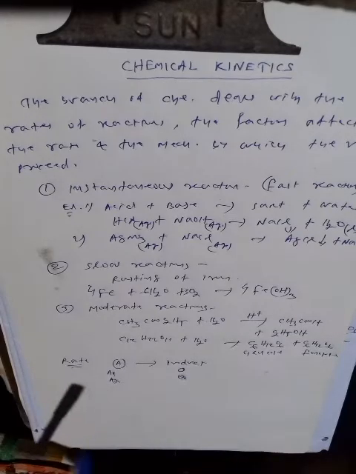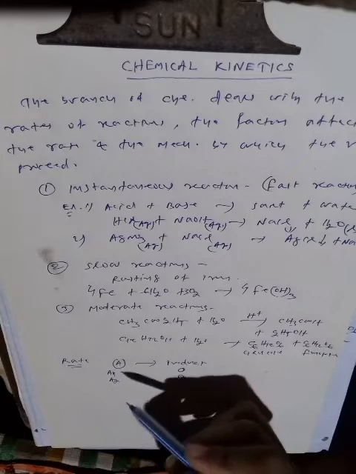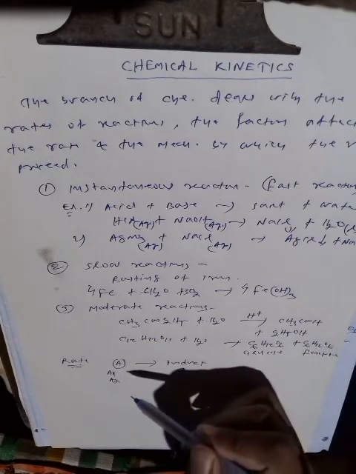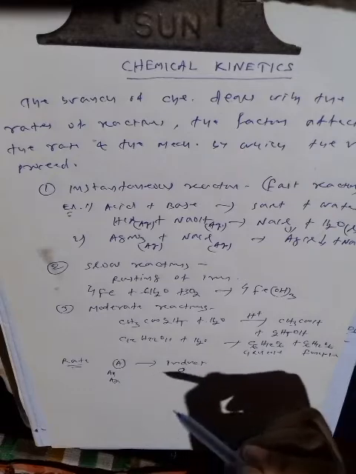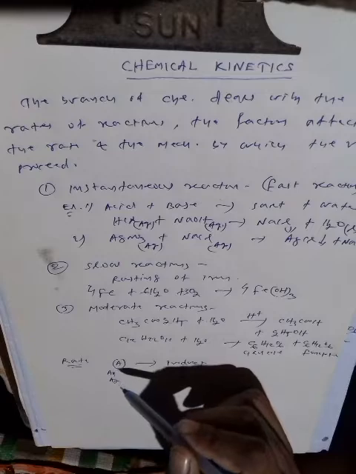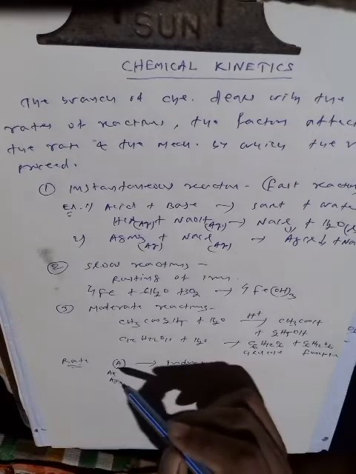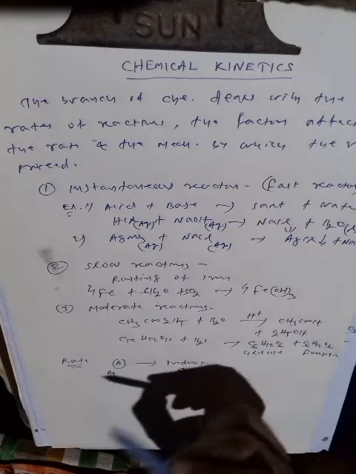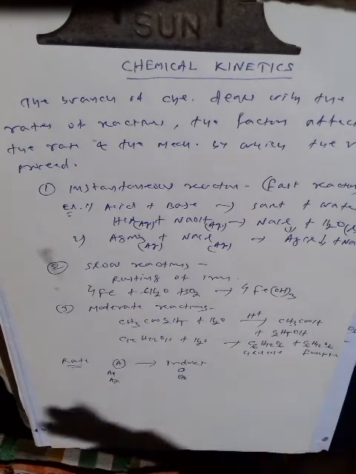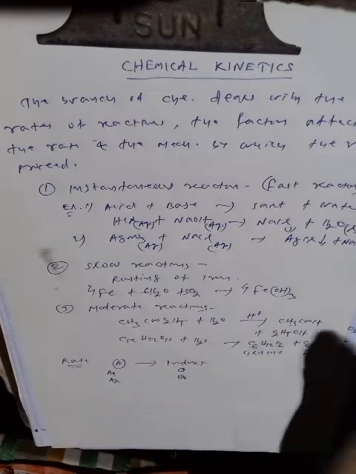And you should know that whatever amount of the reactant has been consumed is equal to the amount of the product formed. Suppose if X amount of reactant A is consumed, then the same X amount of the product will be formed, because whatever A is lost, that amount of B is formed.